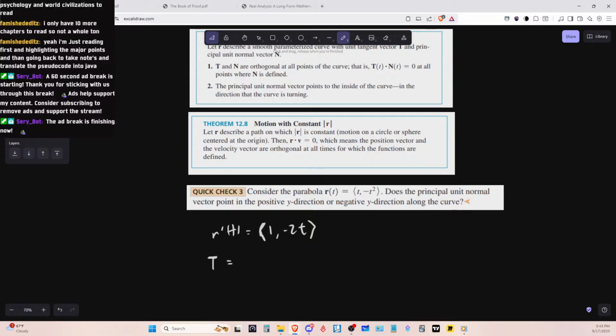T is basically the vector over its magnitude. So it's 1 times 4t squared.